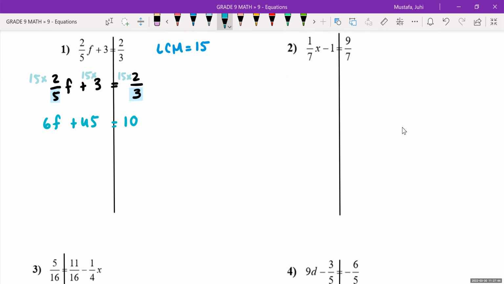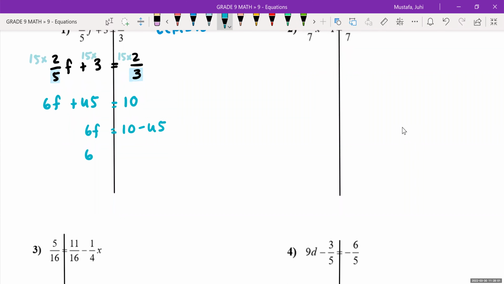Okay, now the question is super easy. We're going to keep our f's on one side and the numbers on the other. So we're going to have 6f is equal to, what would it be equal to? 10 minus 45, good. 6f is equal to, what's 10 minus 45? Negative 35.